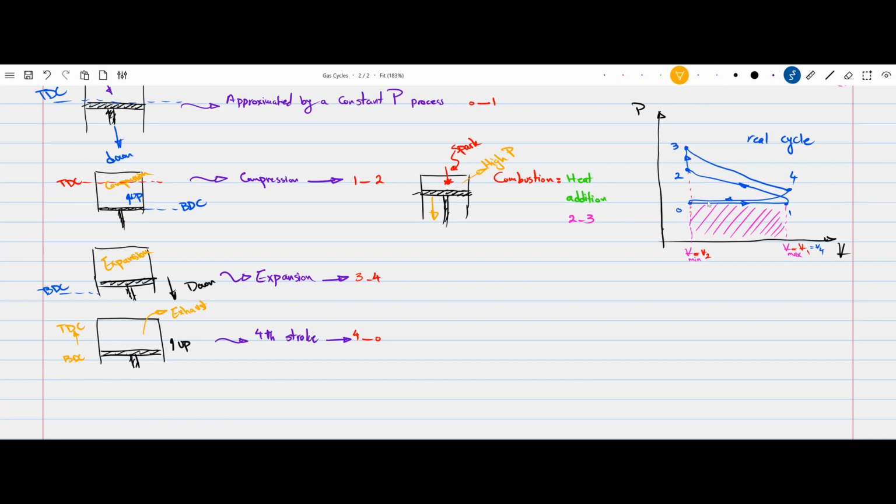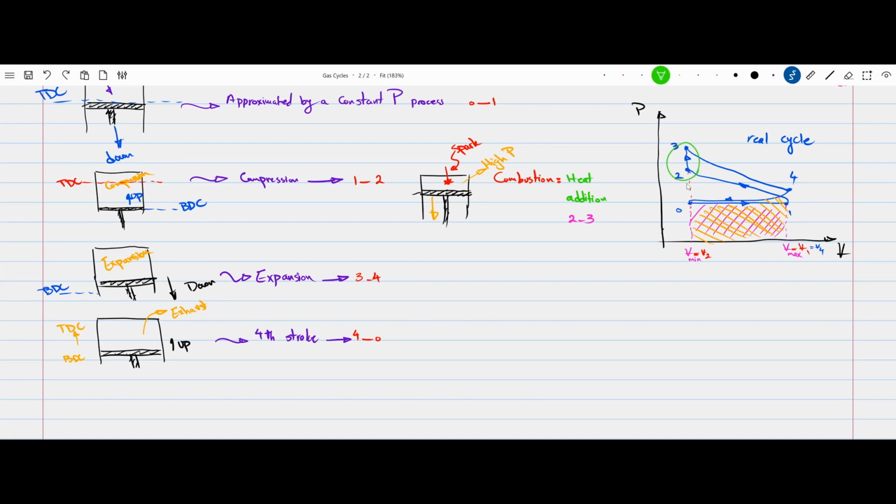From 4 to 0 perspective, you are looking at a compression. So from 4 to 0, you are applying work to your system to compress the air out of the cylinder. And that amount of work is the orange rectangle. So you can see that the orange and the pink rectangles are the same, indicating that whatever work you are getting from 0 to 1 is equal to whatever work you are losing from 4 to 0.